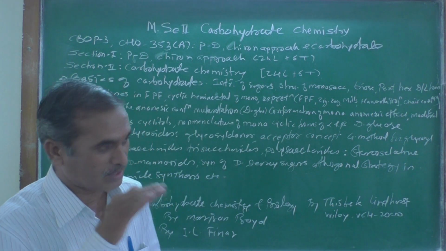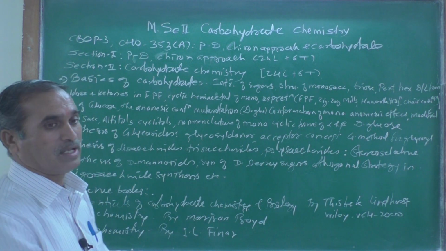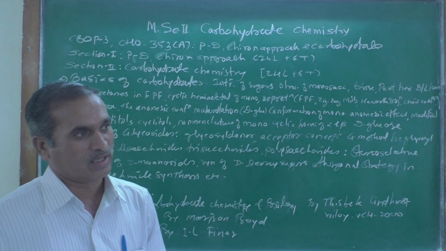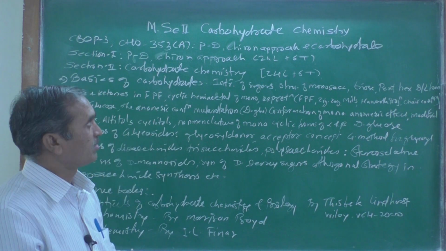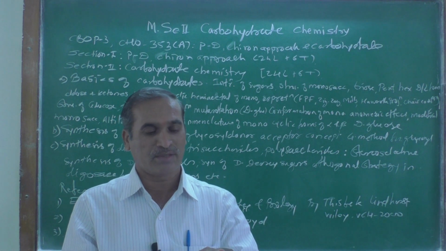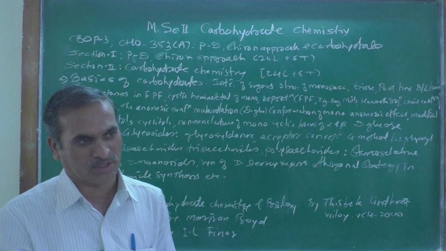So in the first section, look here, section number first, PD. Here you remember P stands for protection, D for deprotection, and the Chiron approach: 24 lectures and 6 tutorials. I think we have completed the first section.